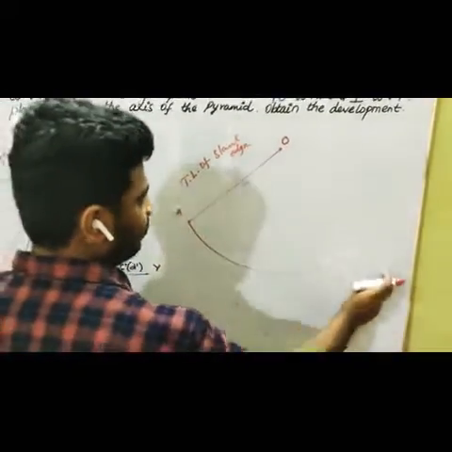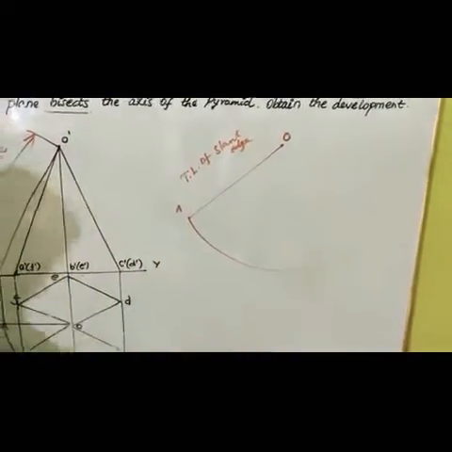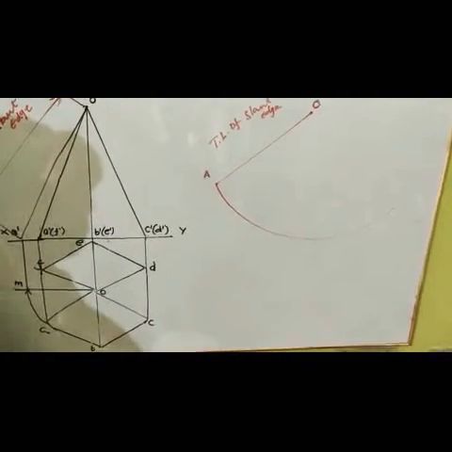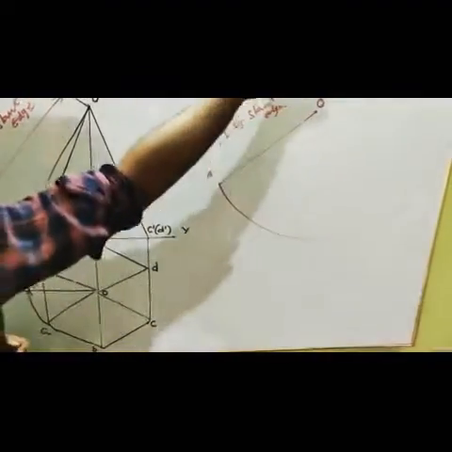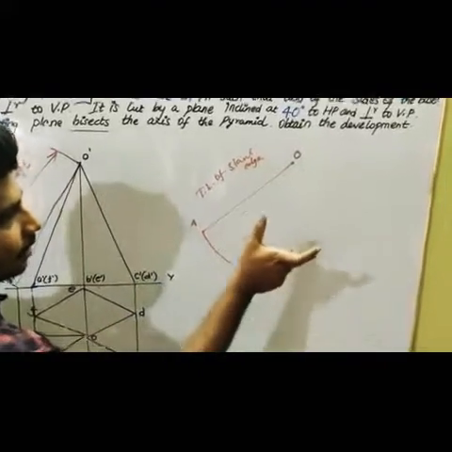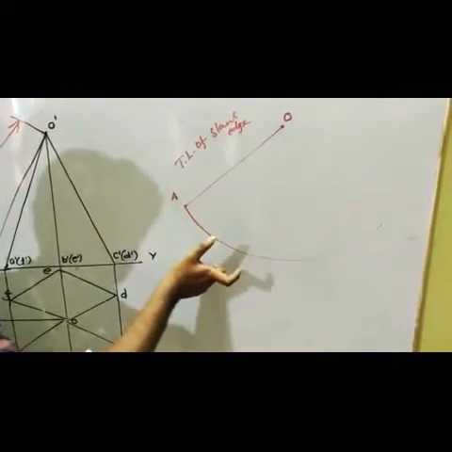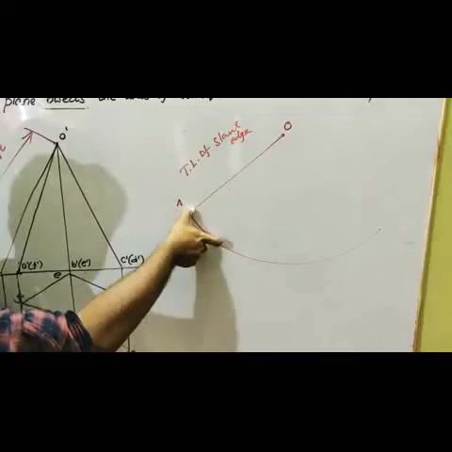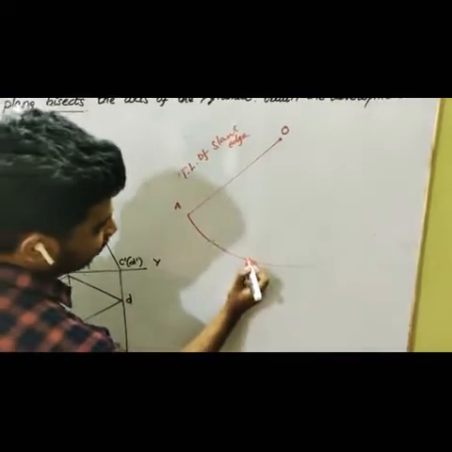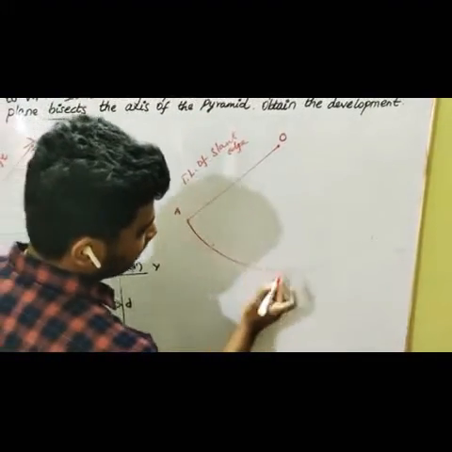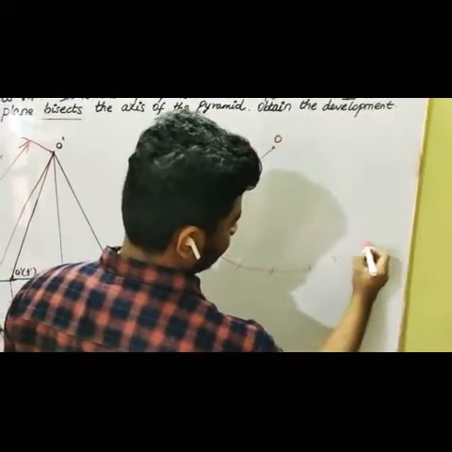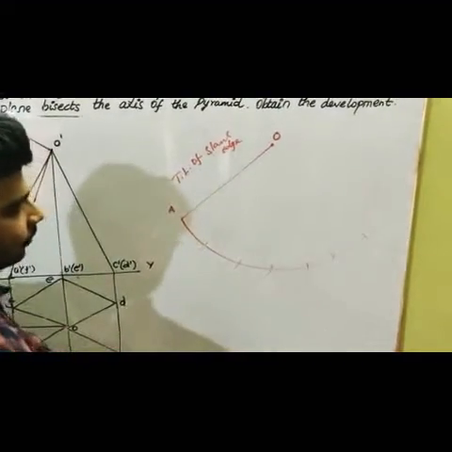So for a convenient length, you just draw it first, and you know it has 6 equal sides. The pyramid has 6 equal sides, and each side is 30 mm. So you take a compass, take 30 mm of side from the scale, and from the point A you just mark the first point, then the second point. Each will be at an equal distance of base size 30 mm. Right, so now we give the names.